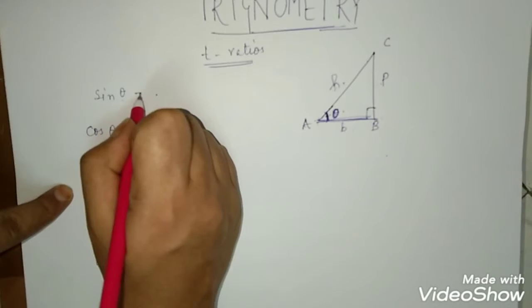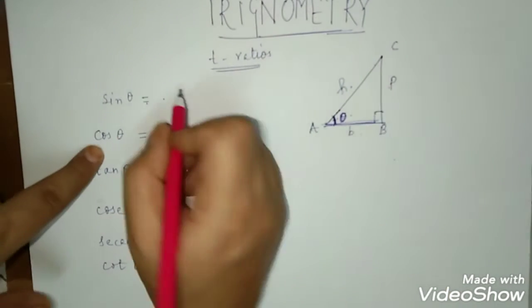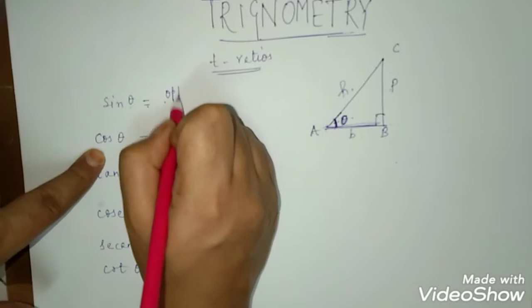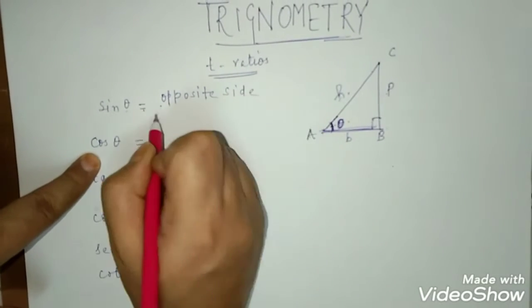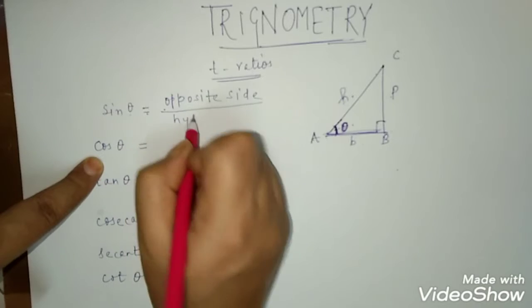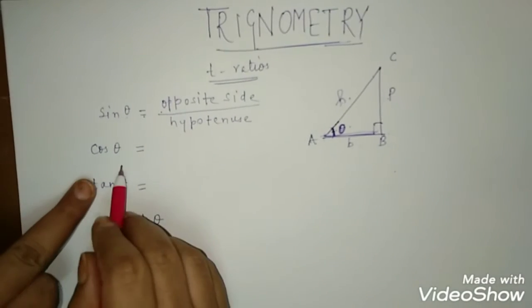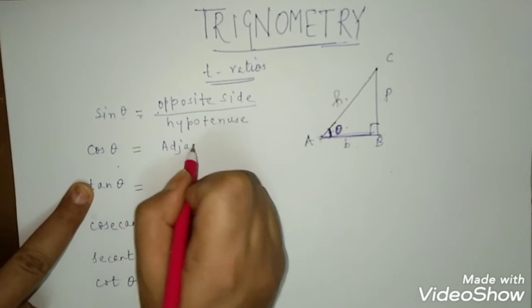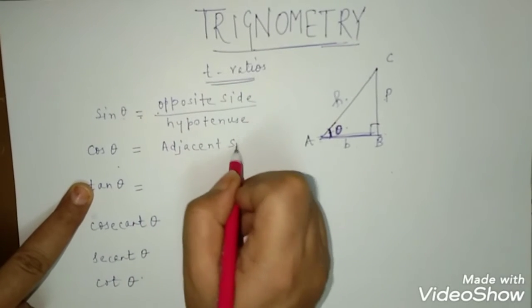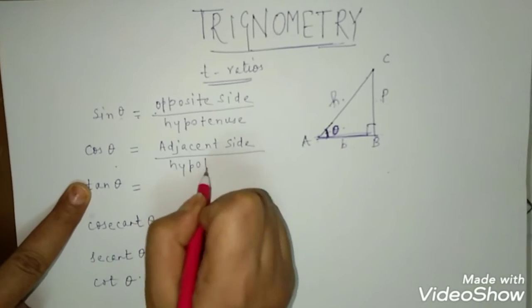Sin theta is always the opposite side by hypotenuse. Cos theta is always the adjacent side by hypotenuse.